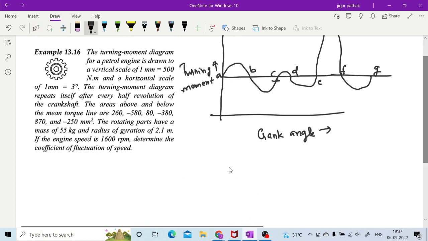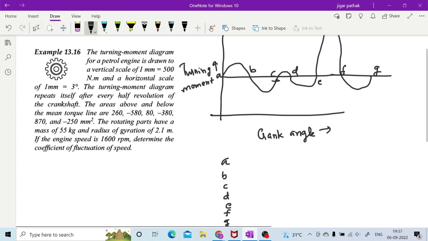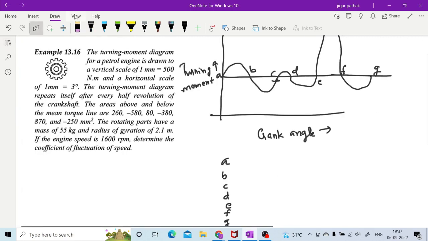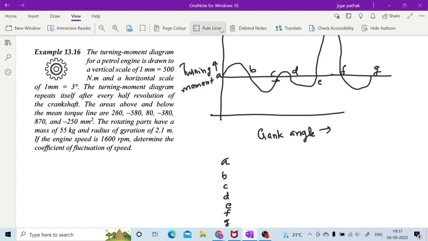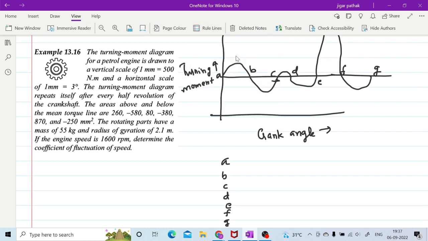If I say points A, B, C, D, E, F and G, right, that is not a good idea. One second. It will be better, right?